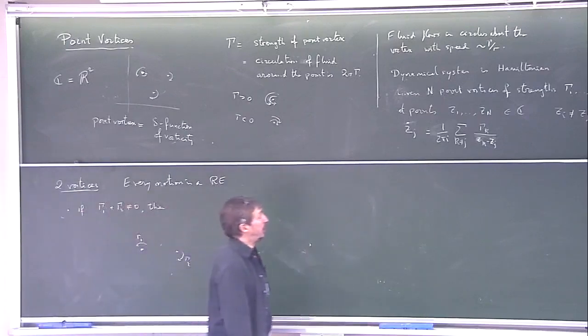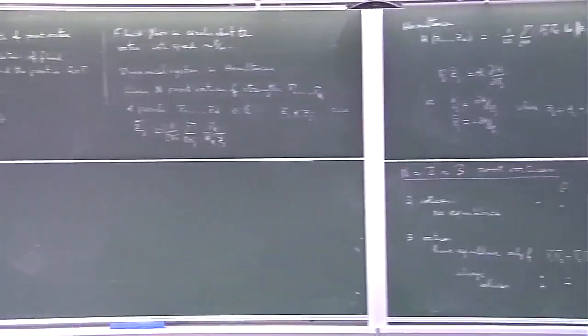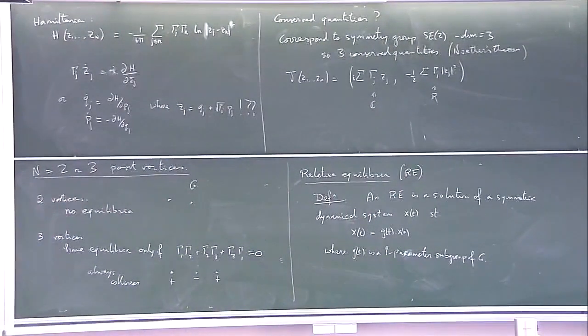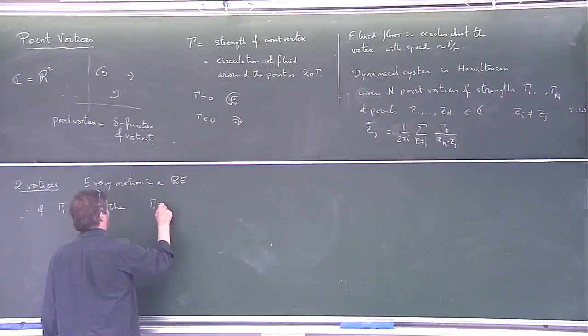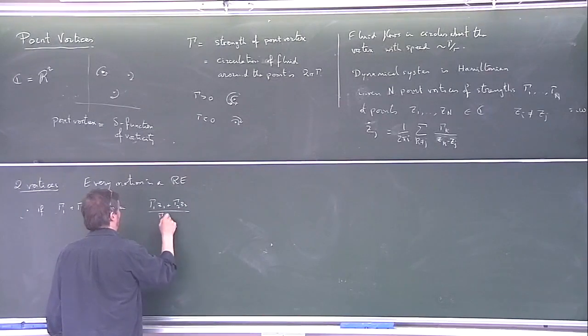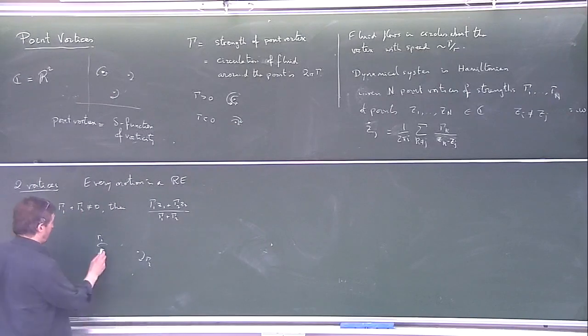So remember, we have these conserved quantities. So in particular, I'm going to divide by gamma 1 plus gamma 2, which is non-zero.